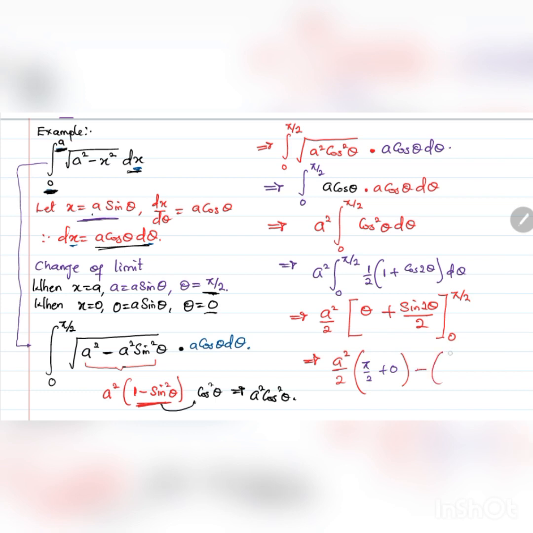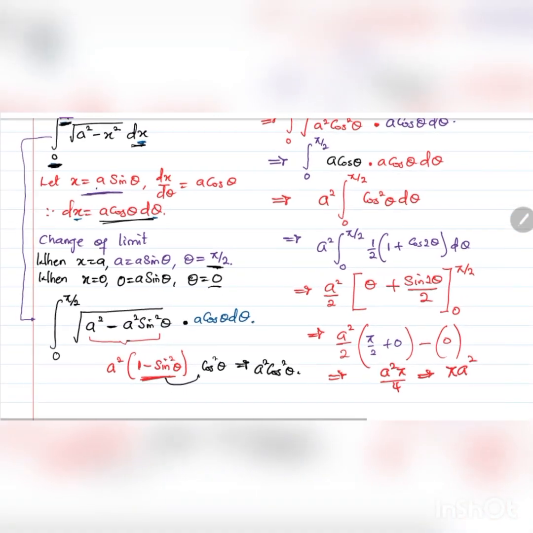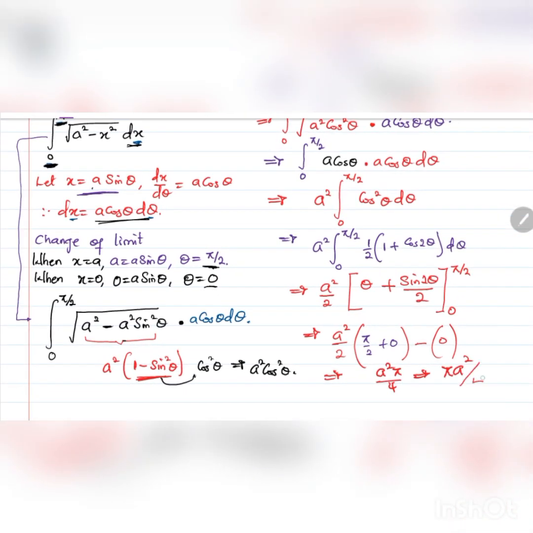Minus, if I substitute 0 as lower boundary, I have 0. When I substitute 0 here, I have 0. Then that's the same thing as a square pi over 4, or I say pi a square over 4. Final answer. So that's the solution to that particular question.